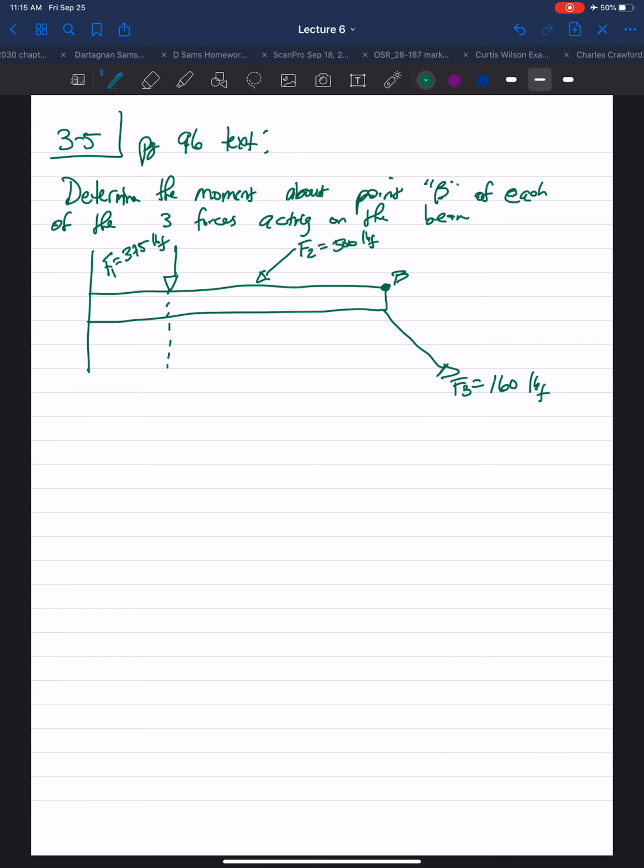The distance here is 8 feet. Distance here is 6 feet. And the distance between F2 and B is 5 feet.